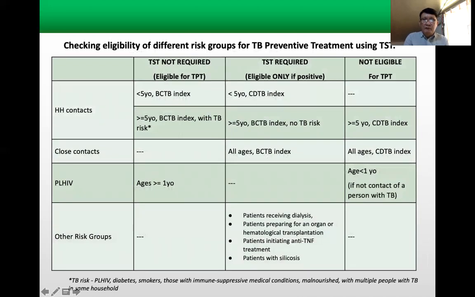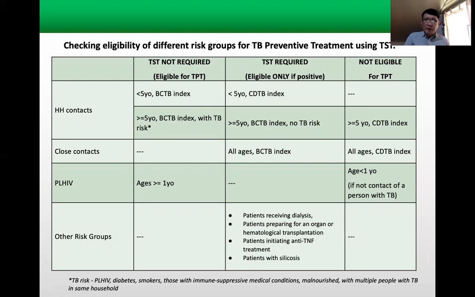So in a table form, they came up with this checking eligibility of different risk groups for TB preventive treatment using TST. So you just have to go over with this. As we can see, this was already explained to you, but this time it was just put in a table as a summary and for ready reference.